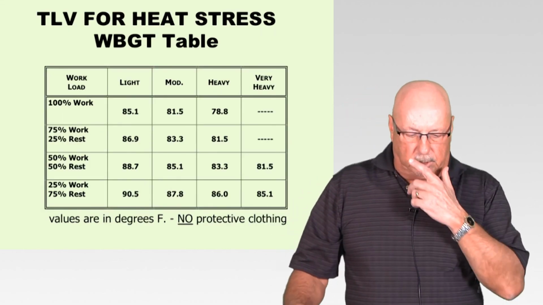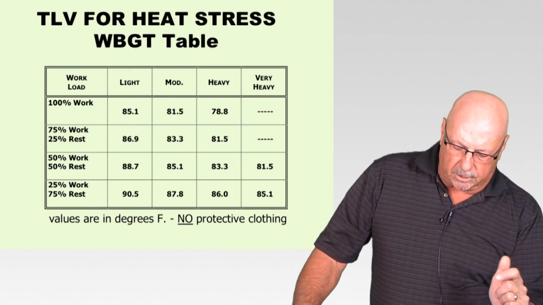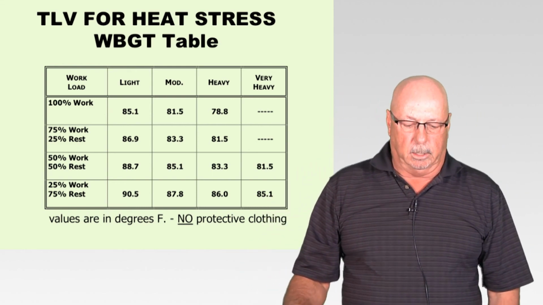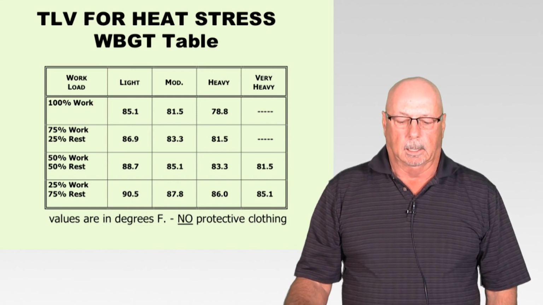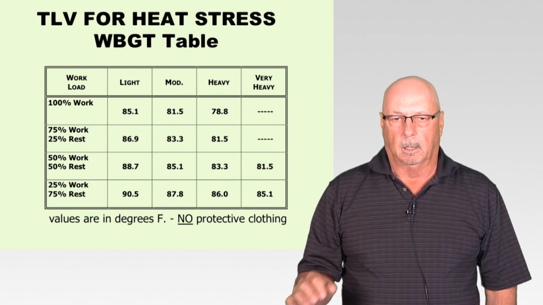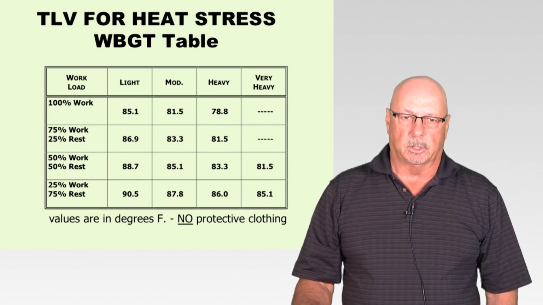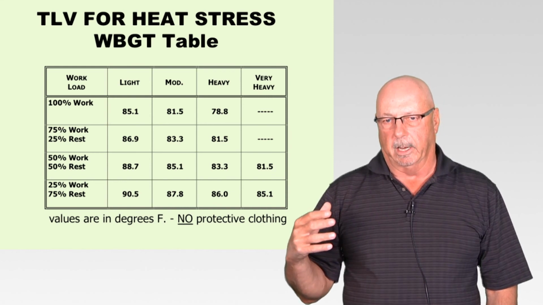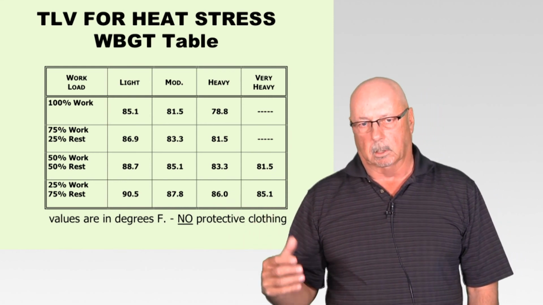Then they have a TLV table, and this is what the table looks like. It's basically in degrees Fahrenheit, and it's assuming no protective clothing. And across the top of the chart you can see here, we factor in the workload, light or moderate or heavy workload or very heavy workload.